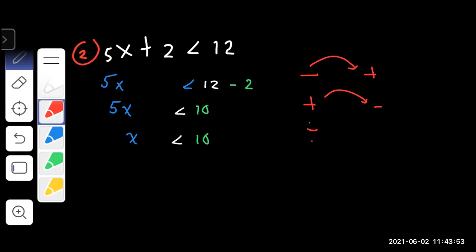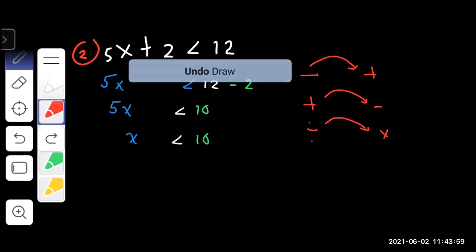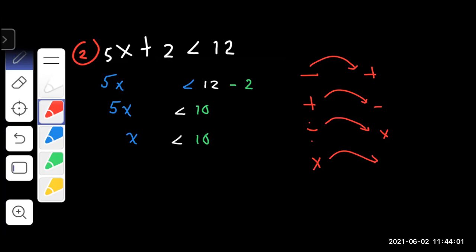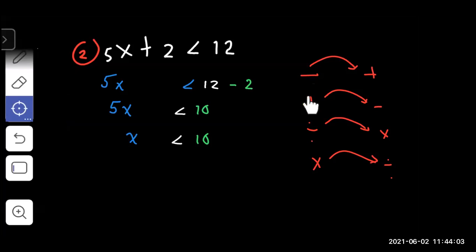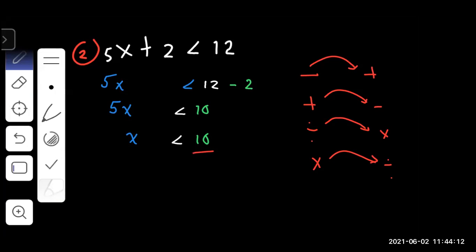If it is multiplying, it's going to be dividing, and if it is dividing, it's going to be multiplying. We don't change the sign. In this case, this is multiplying, so on the other side it's going to be dividing. Okay, now x is alone, guys.